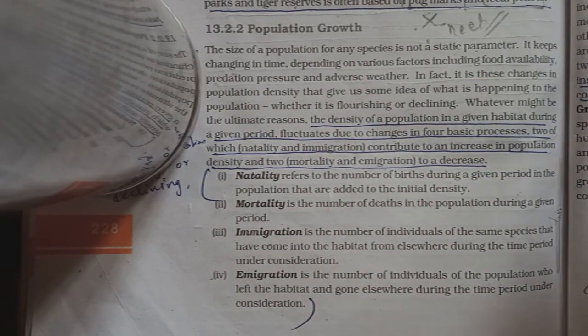It keeps changing with respect to time, depending upon various factors including food availability, predation pressure and adverse weather. So they are telling that the size does not remain static or constant. The population changes. For example, in humans, the population in 2000 was half of the present one, and within 10 years we became doubled.